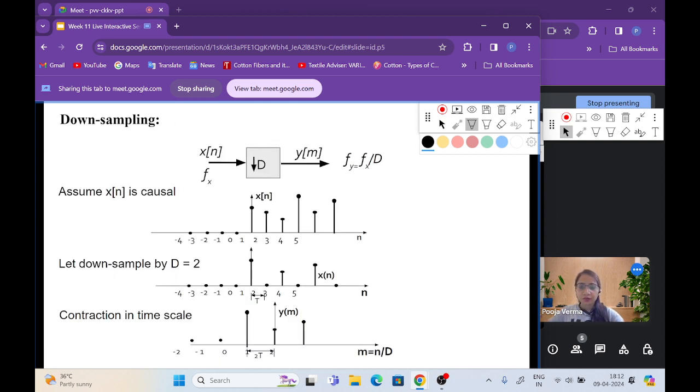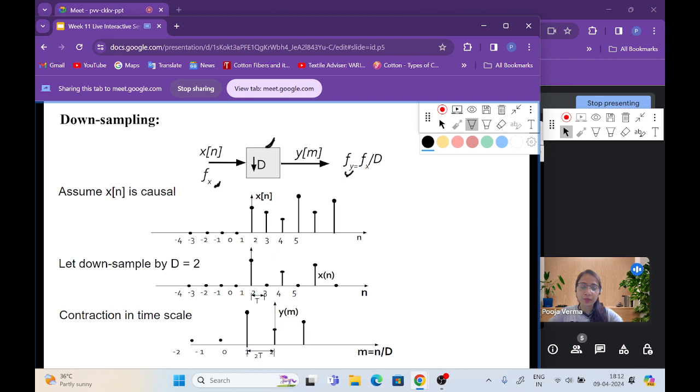Downsampling. This is the block diagram of downsampling of any system. The input is x of n, a sequence, and y of m is the output, where Fx is the input sampling frequency and Fy is the output sampling frequency.